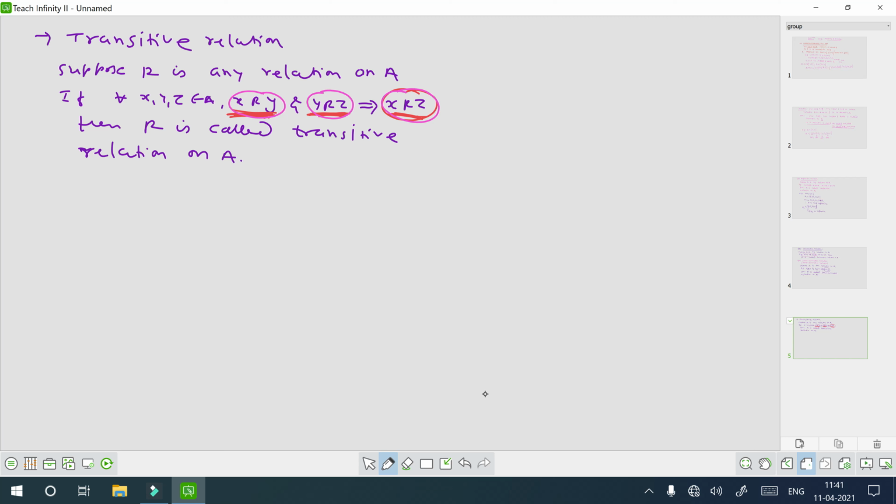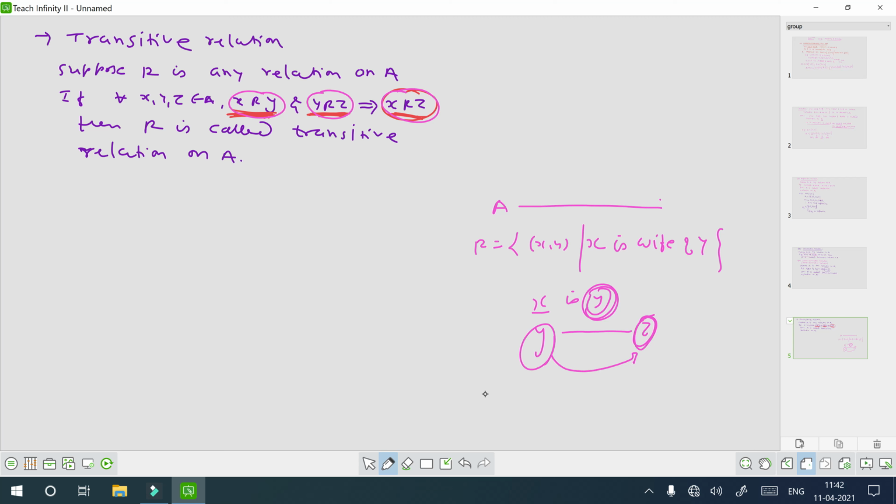For example, consider A is the set of residents in a particular society. Let us consider ordered pair (x,y) where x is wife of y. Now see here, if x is wife of y, then y cannot be wife of any other person z, because y is male, and a male cannot be wife of any other person.